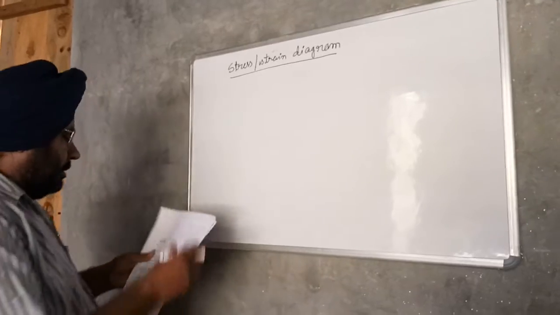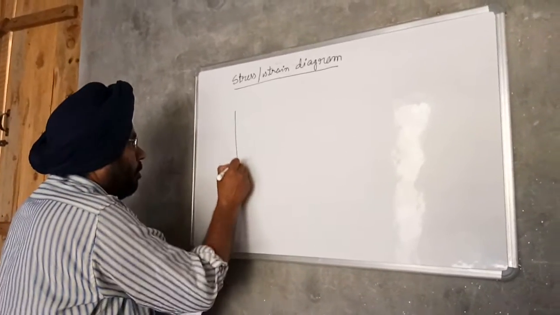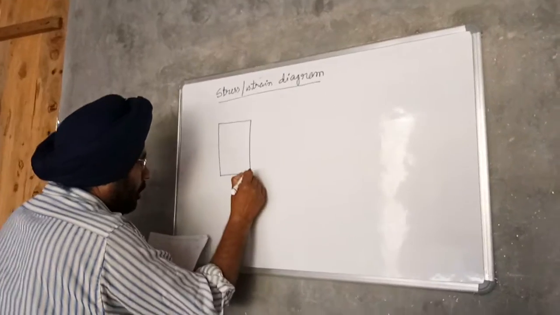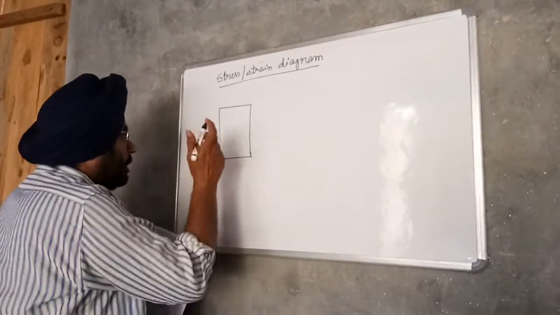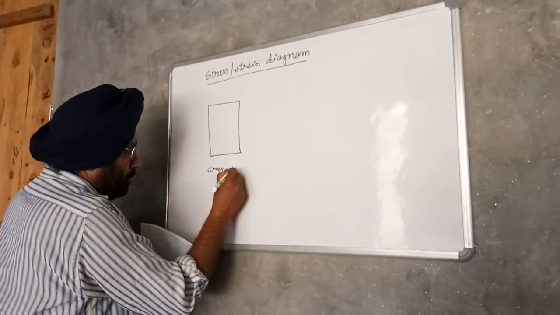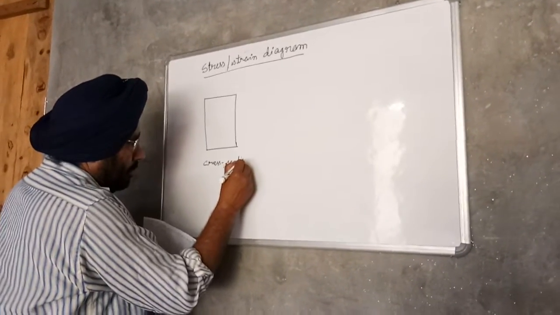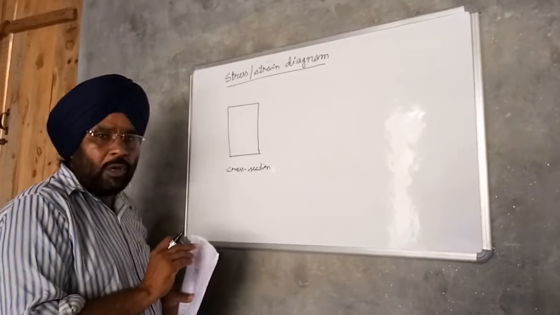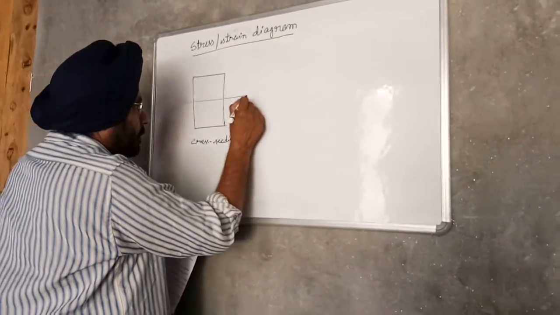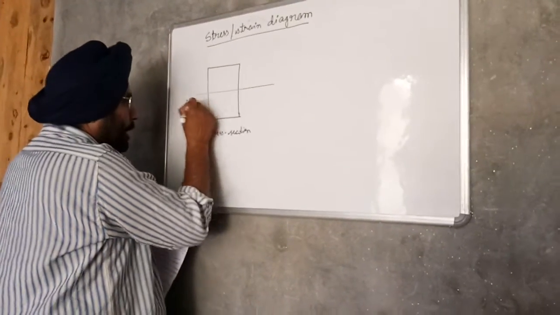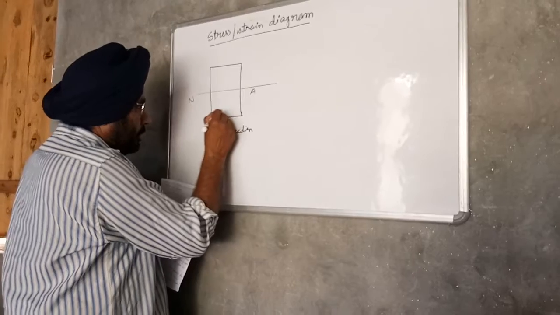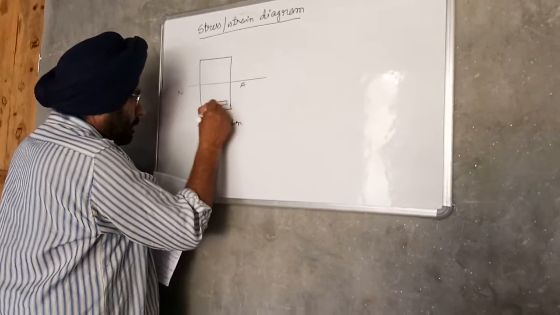Then this is the cross section of a simply supported rectangular beam, singly reinforced. So this is the position of the neutral axis and AST.